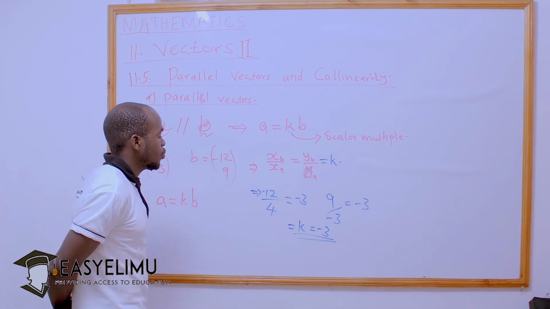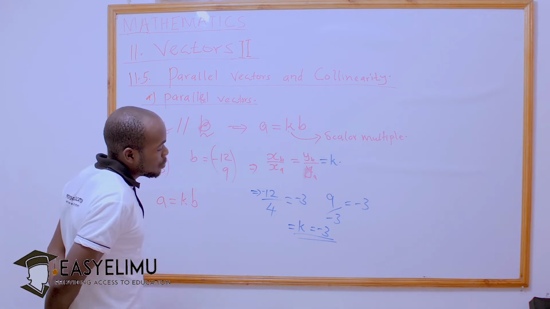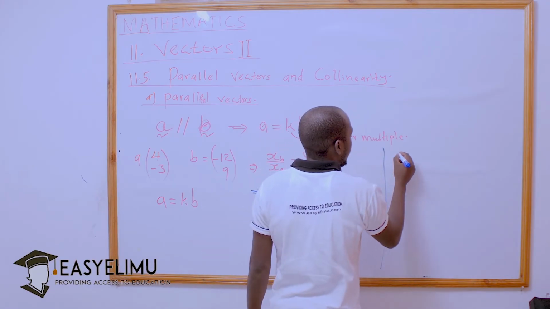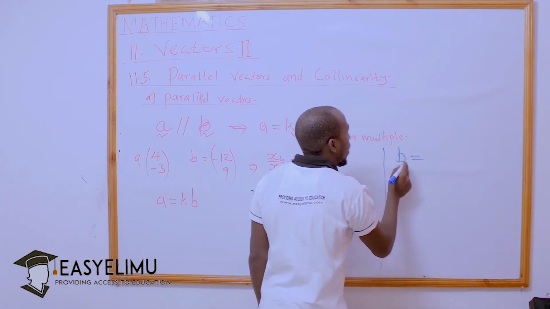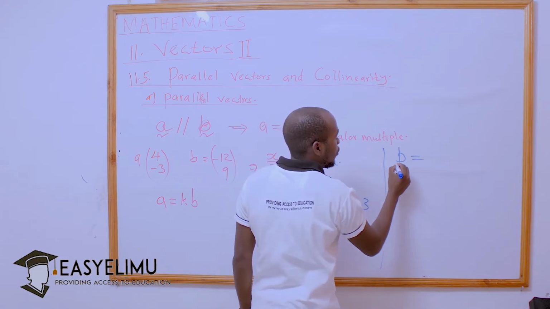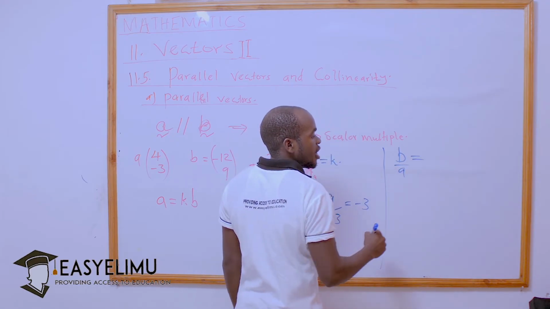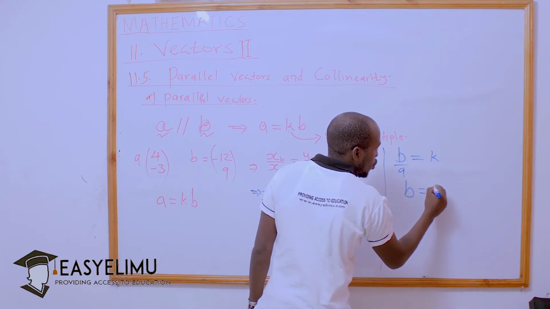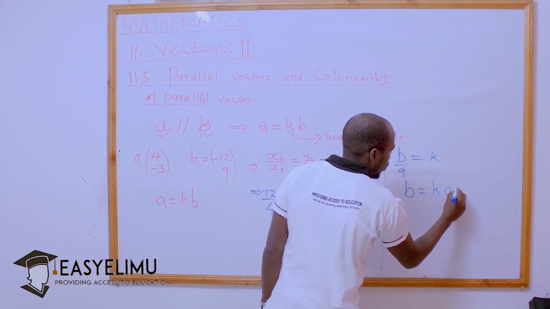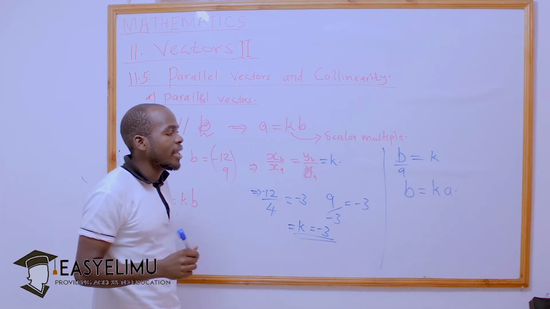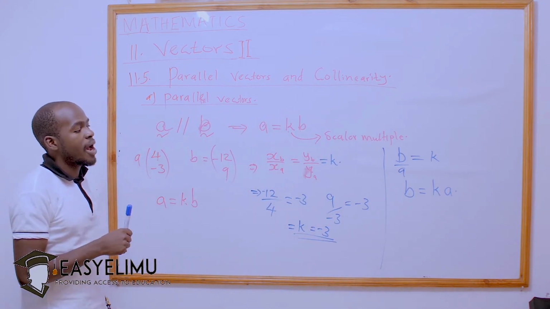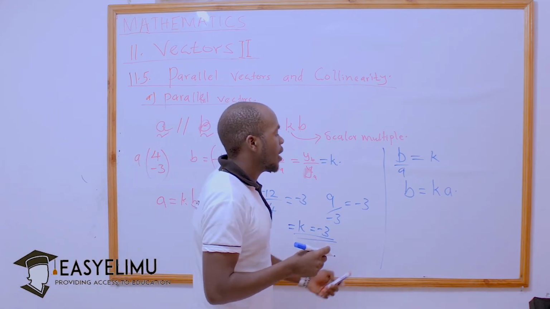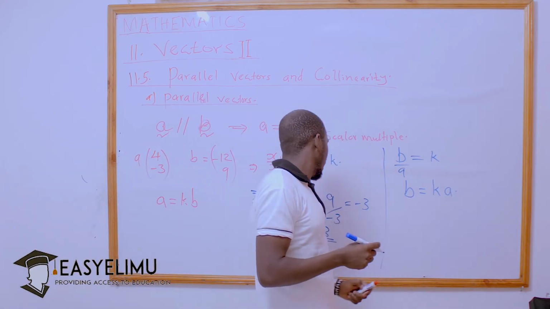That means if you take B and divide by A, you get K, meaning B is equal to KA, where K is a scalar multiple, -3.